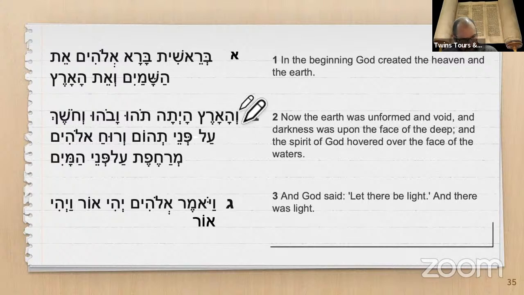Ve with the shva, ve strong. Then he with the kametz gadol is ha, aleph with the kametz is a, resh with a segol, a short e, haaretz. And he with a, and yud with a shva, and tet with a kametz, ta, hayta.